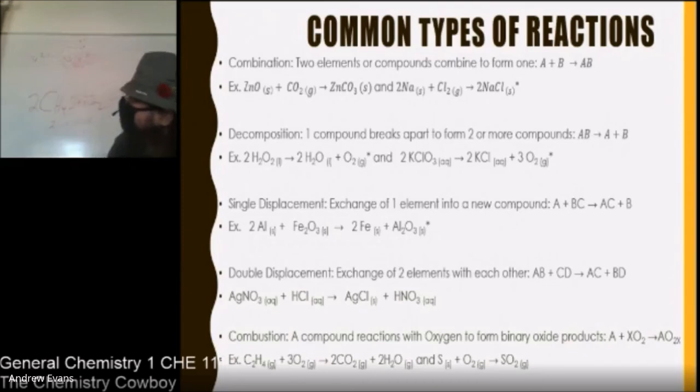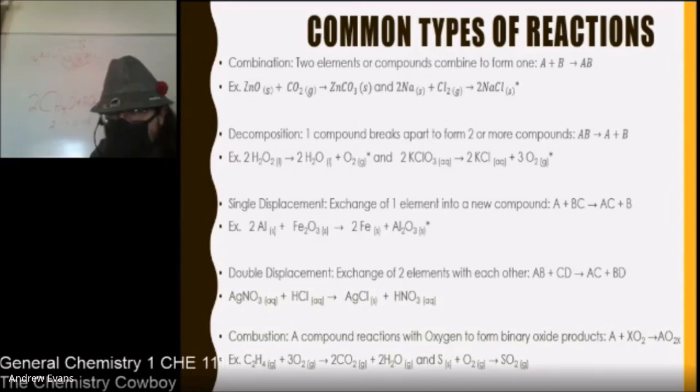Combination. It's a pretty standard type. Combination is just 2 compounds come together to form one new compound. Could be 2 elements, could be 2 compounds, but it's 2 things come together to form one. Some of these reactions can fall under 2 different categories, depending on what's going on. But a common one, zinc oxide and CO2 bind together to form zinc carbonate.